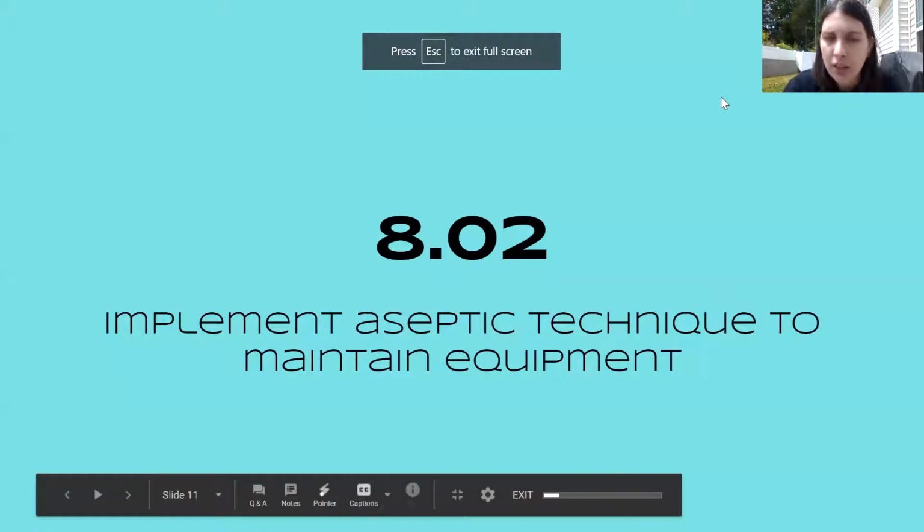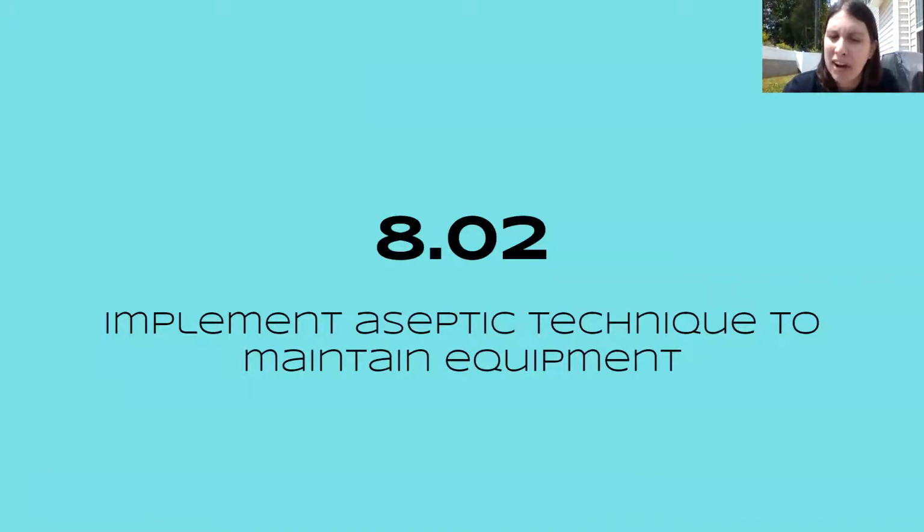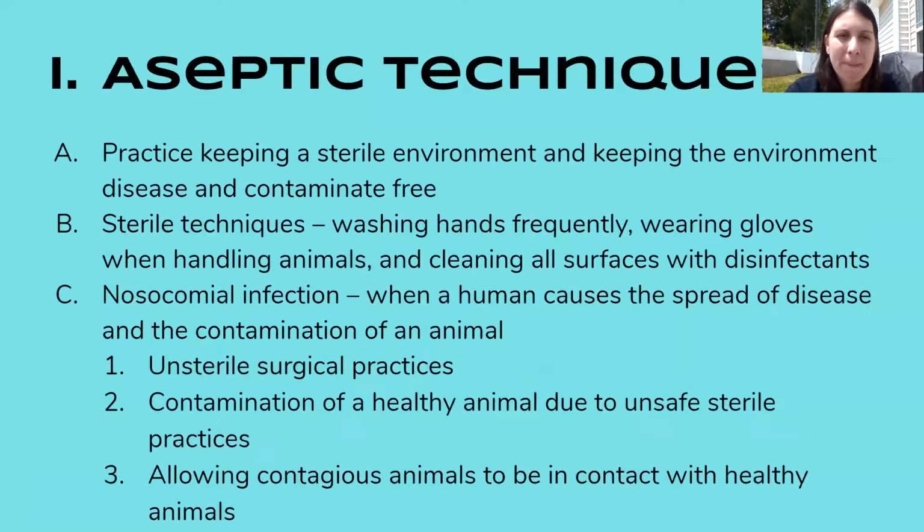But jumping right into the notes, get through it, get it done. We're going to be talking about aseptic techniques to maintain equipment and a clean environment, making sure that everything is clean. All surgical instruments have absolutely nothing on it. Nothing has touched it.